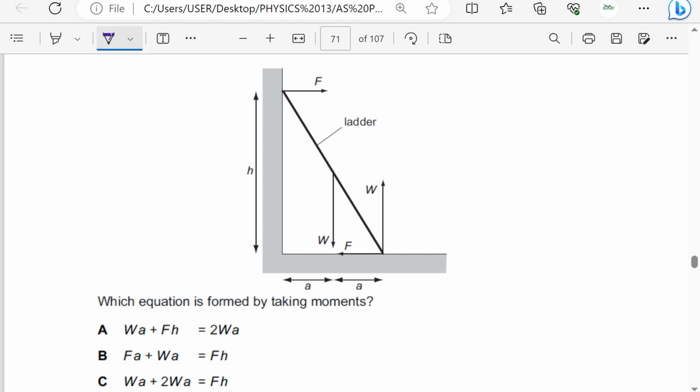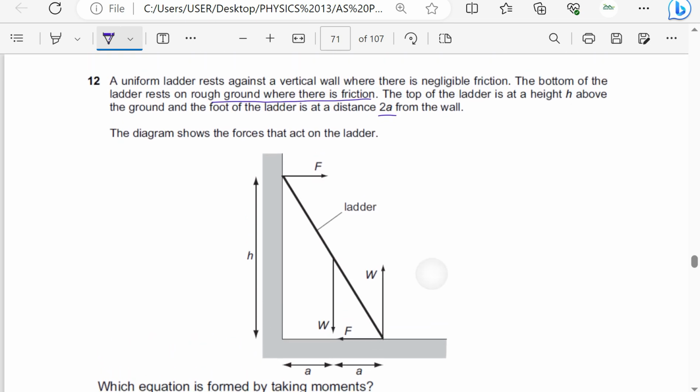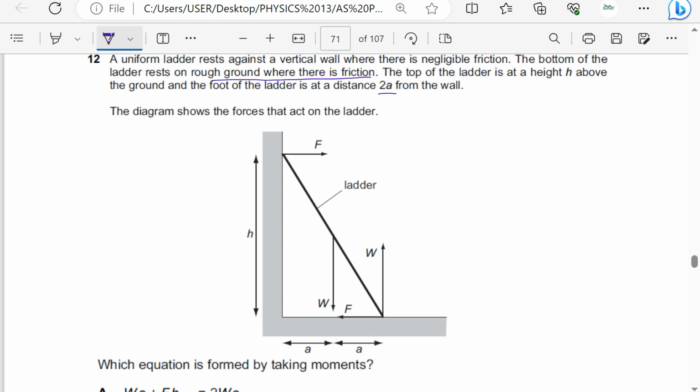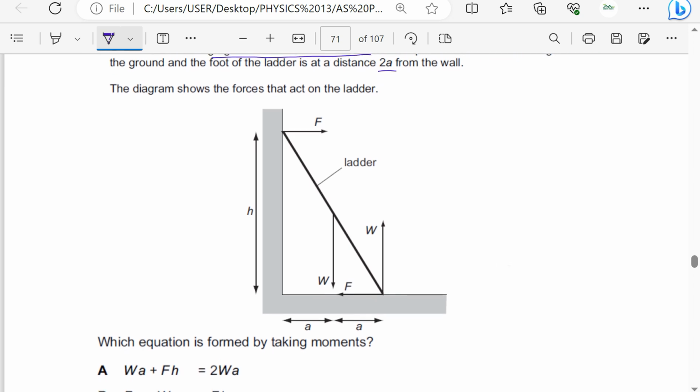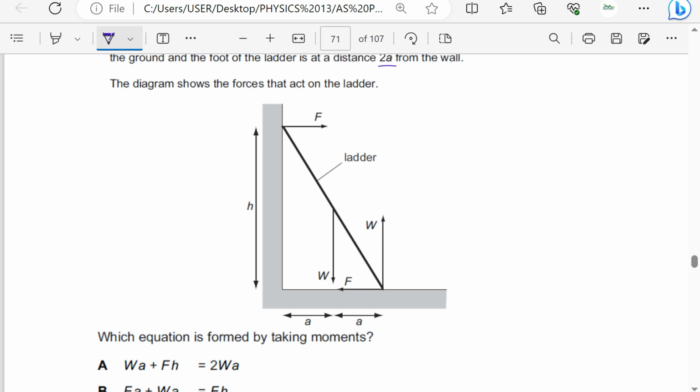Since the ground is rough, of course there's friction, which is F, towards the wall. And since the wall is smooth, there's no friction with the wall, we only have the normal reaction F. So I am going to take moments about, say, this point here.